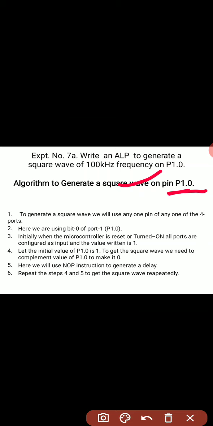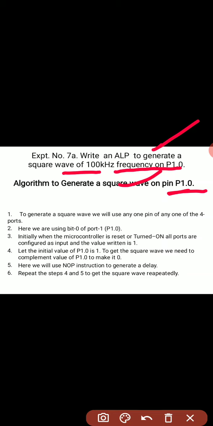The aim of the experiment is to write an ALP to generate a square wave of 100 kilohertz frequency on P1.0. Finally, if we measure the frequency of that square wave, it should be equal to 100 kilohertz. First we will see the algorithm to generate that using P1.0.